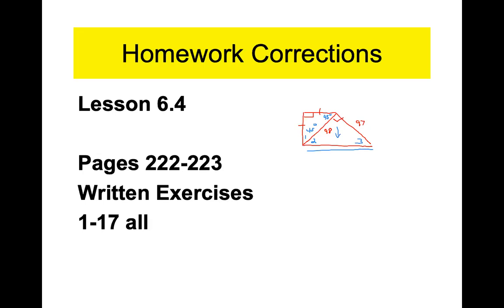All right, let me get my mouse up here and let me show you. All right, this is what I'm going to do. We know that since this is a 90-degree angle, there's only 90 degrees left. We know that this side is 98 and this side is 97. So therefore, we know that this angle, angle 3, has to be, they're not the same. 98 and 97 are not the same.